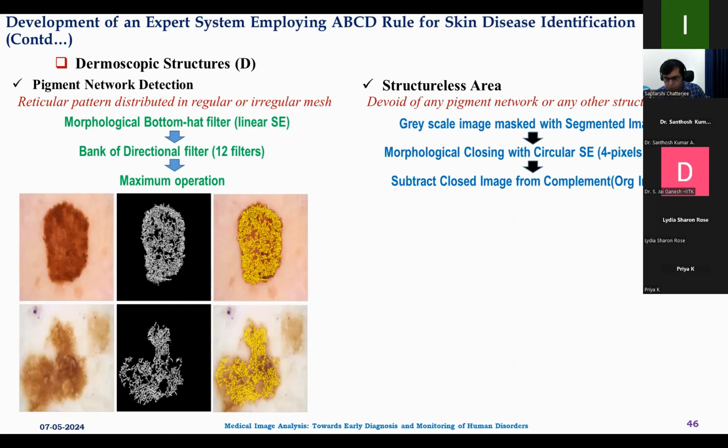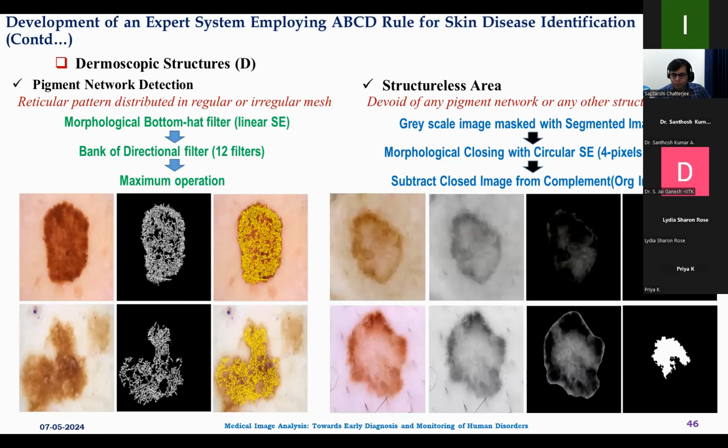Again, some morphological filtering operations have been performed, and you see that from these particular images, the structureless area has been identified. Now, for this structureless area, we also have to determine the amount of area it covers in that particular lesion.